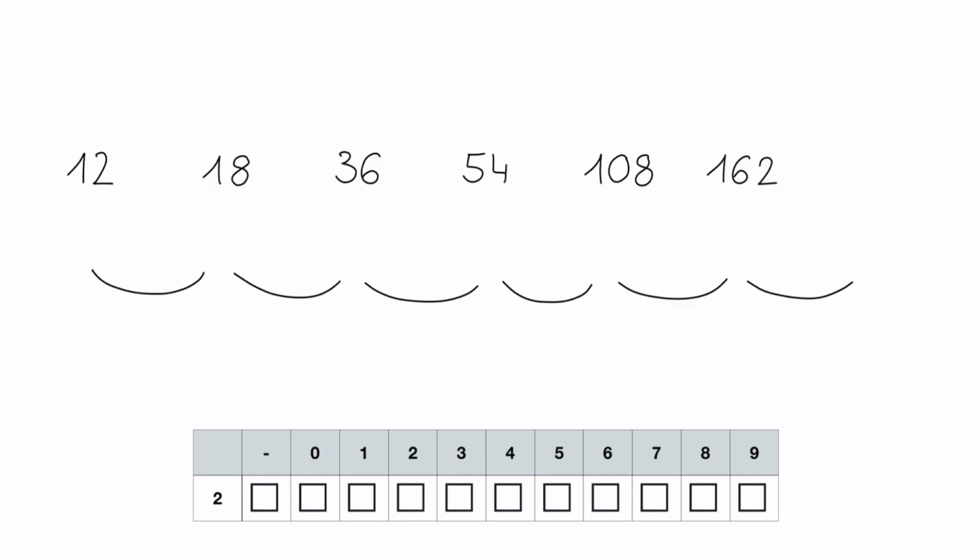And now on to exercise 2. In this exercise, we can see that the numbers are definitely getting larger, so it's either plus or multiplication.